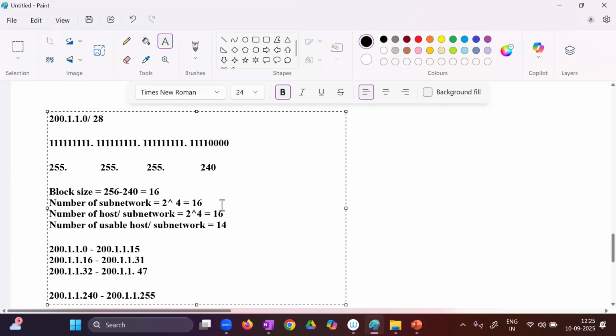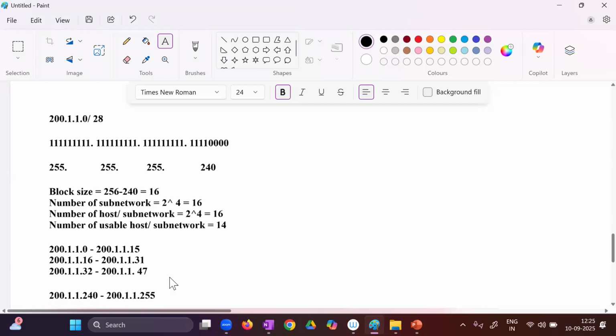Correct? No? So this one is 16 subnetworks. How many subnetworks have you got? 16 subnetworks. Is it clear?